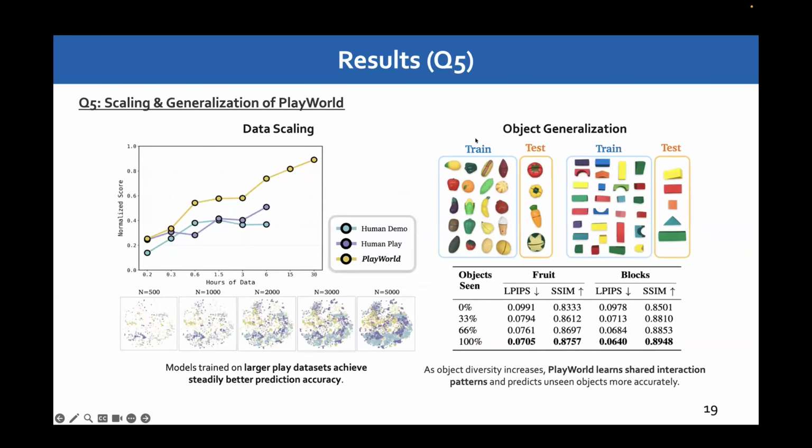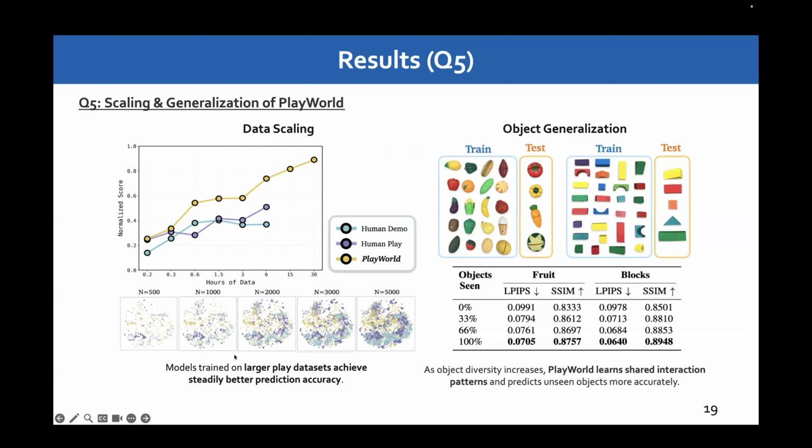The final part is the core question of what happens when you scale the data to increasing amounts. Does PlayWorld perform well, and does it generalize to different objects? On the left side, as you scale the number of hours of data, the human demo and the human play, in addition to performing worse than PlayWorld, also improve very slowly.